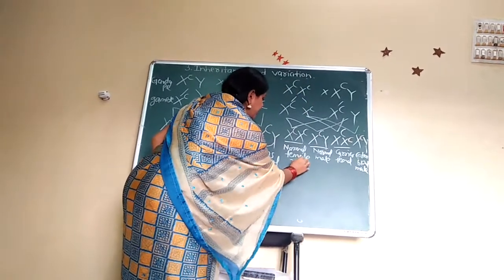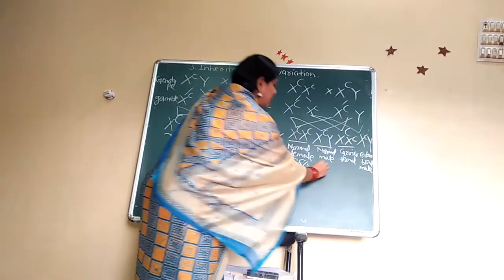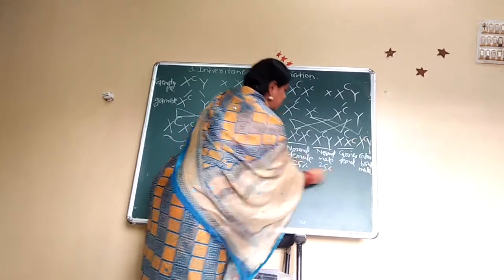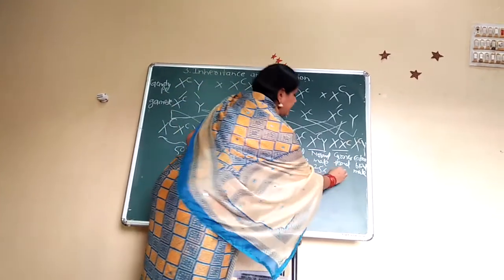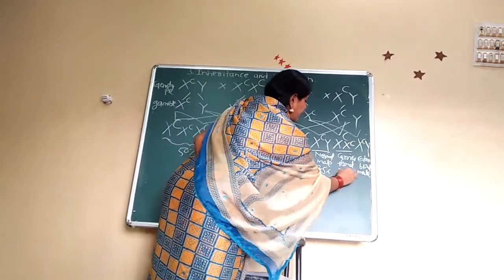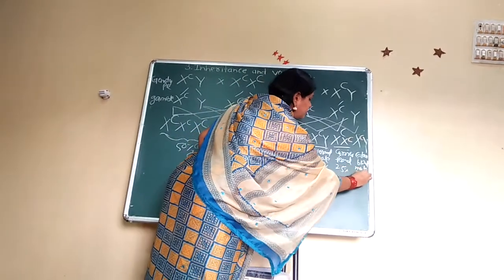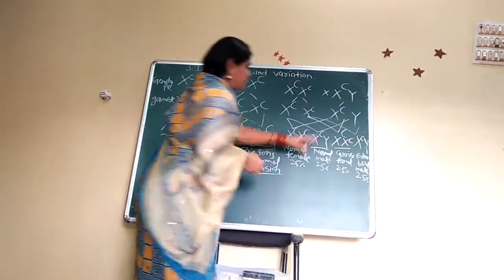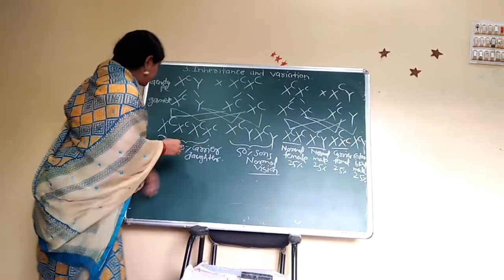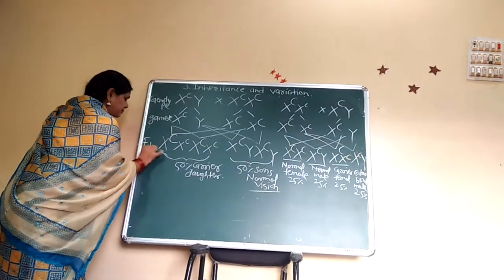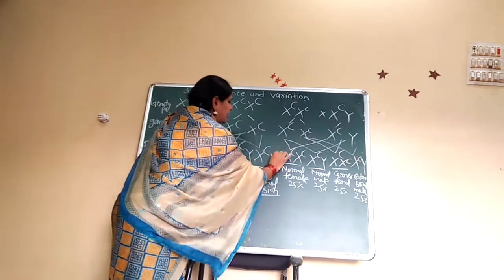Here that is 25% normal female, 25% normal male, carrier female 25%, and the color blind male 25%. This is the F1 generation. This is the F2 generation.